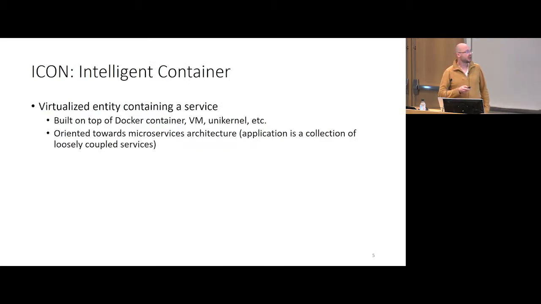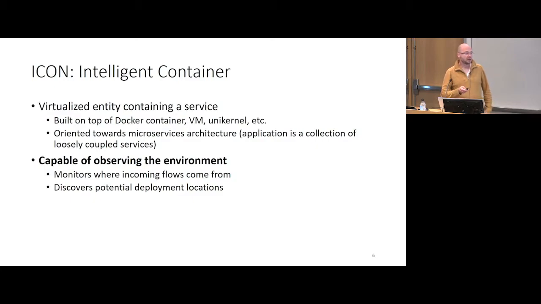So what is our intelligent container? It's a virtualized entity containing a service, so it might be built on top of Docker container, even virtual machine, unikernel, depending on concrete application needs. And it's oriented towards microservices architecture. So an application consists of various services, some of them, for example, are suitable for edge. How is it different?